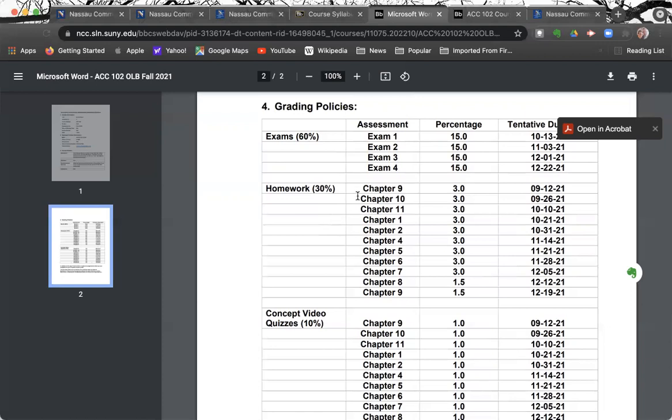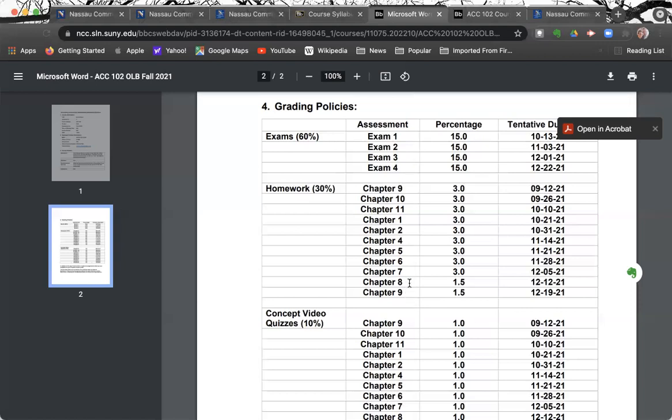The first 3 chapters here come out of the financial accounting part of the book, and then the remaining chapters come out of the managerial accounting part of the book. And if you notice, your homework counts for 30% of your grade. Most of the assignments are worth 3 points, except the last 2, chapter 8 and 9, are each worth 1.5 points, because we only do a little bit in chapter 8 and a little bit in chapter 9.